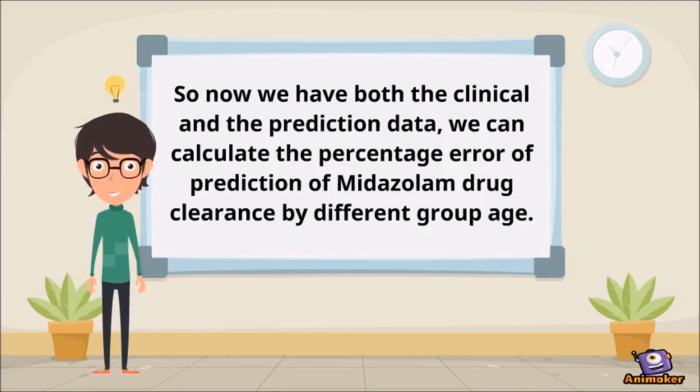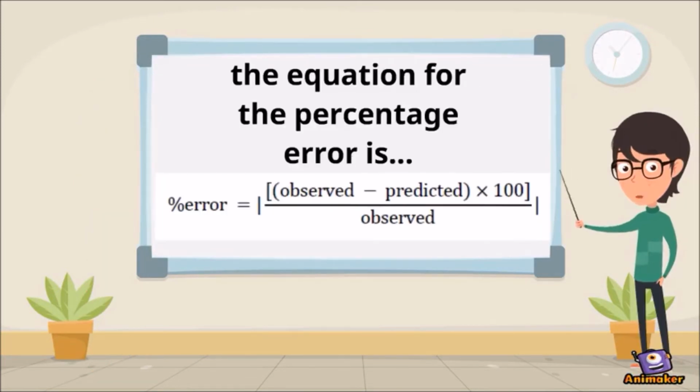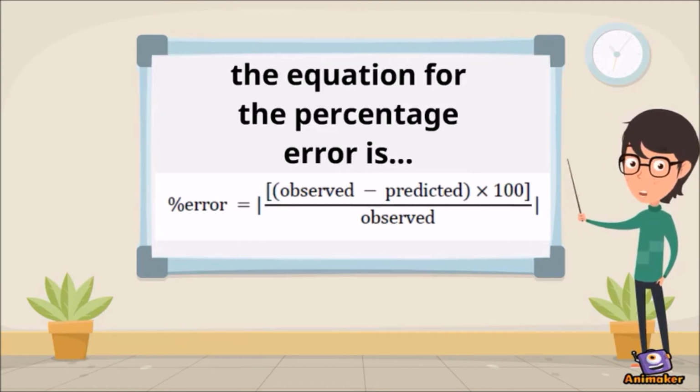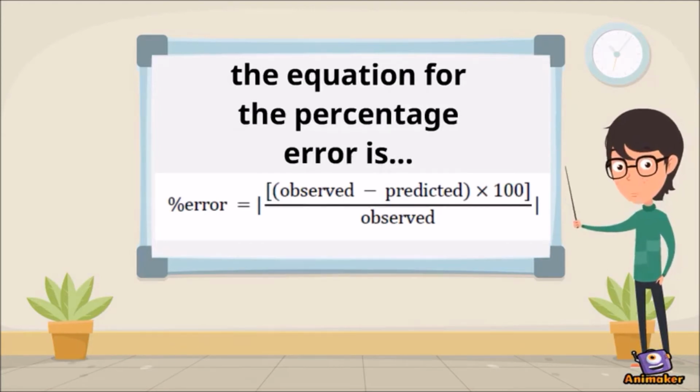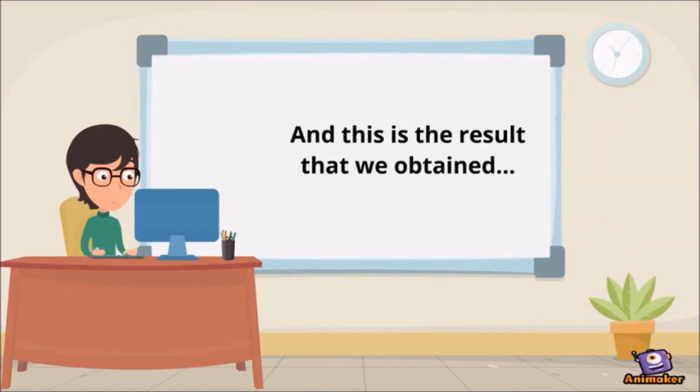Now we have both the clinical data and the prediction data. We can calculate the percentage error of prediction of midazolam drug clearance by different age groups. The equation of the percentage error is the observed data minus the predicted data, times 100, over the observed data. And the overall result is shown in the following table.